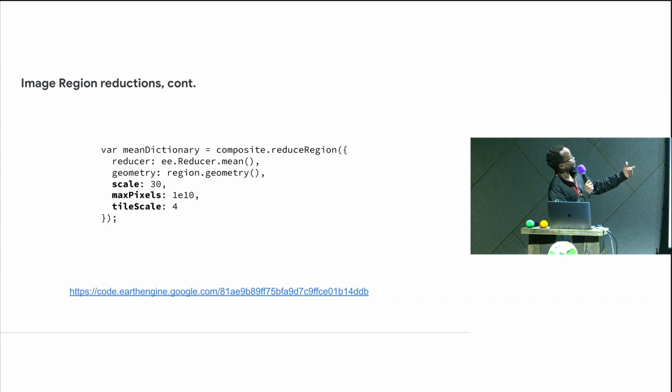So in this script, region is a feature, and that feature is composed of a geometry and some additional items. So we're saying dot geometry to say, for this feature, just give me the geometry part of it and pass it along into reduce region.